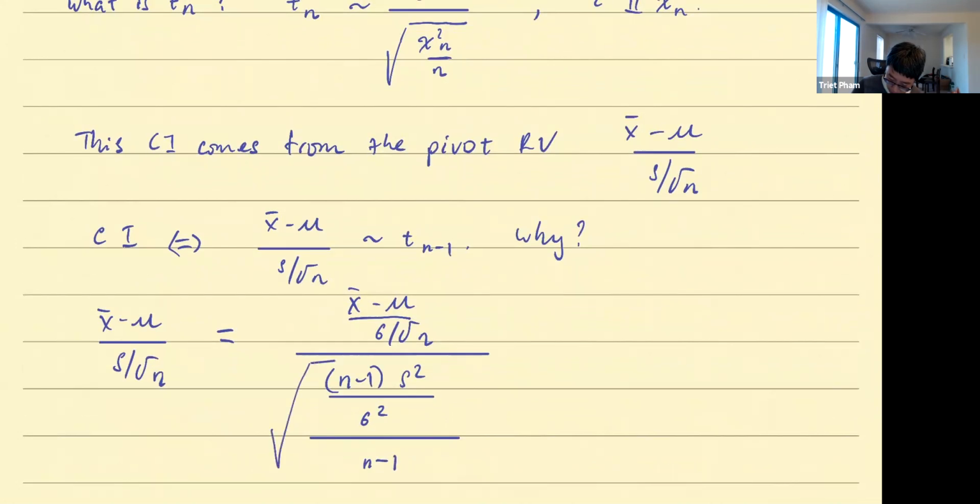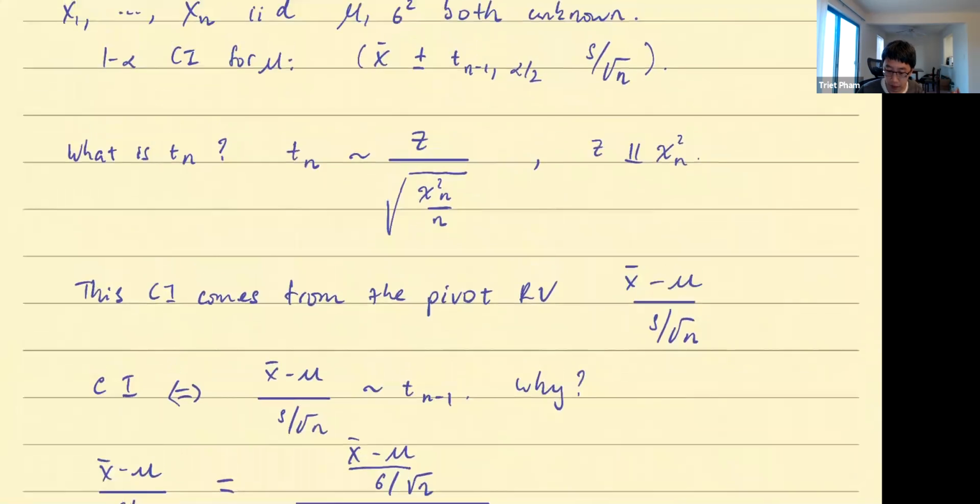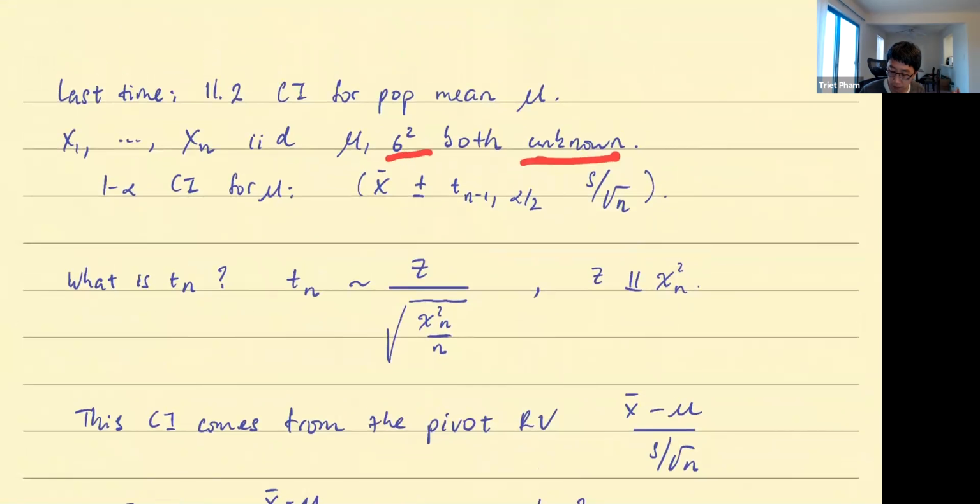There are several cancellations going on here. The trivial cancellation of n minus 1, n minus 1. But the big deal cancellation is that we cancel away the sigma. It allows us to operate in the context that sigma is unknown.